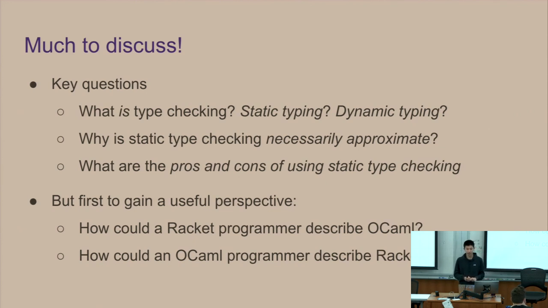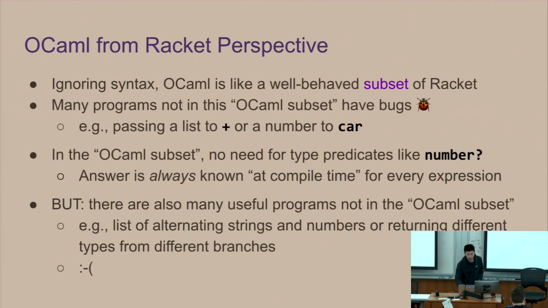But before we jump into that, let's first try to gain a useful perspective by imagining how a Racket programmer would describe OCaml and how an OCaml programmer would describe Racket. Imagine in a universe we have two different planets, the OCaml planet and the Racket planet. There is no communication between the two planets, so the programmers from one planet will have no idea what programming on the other planet is like.